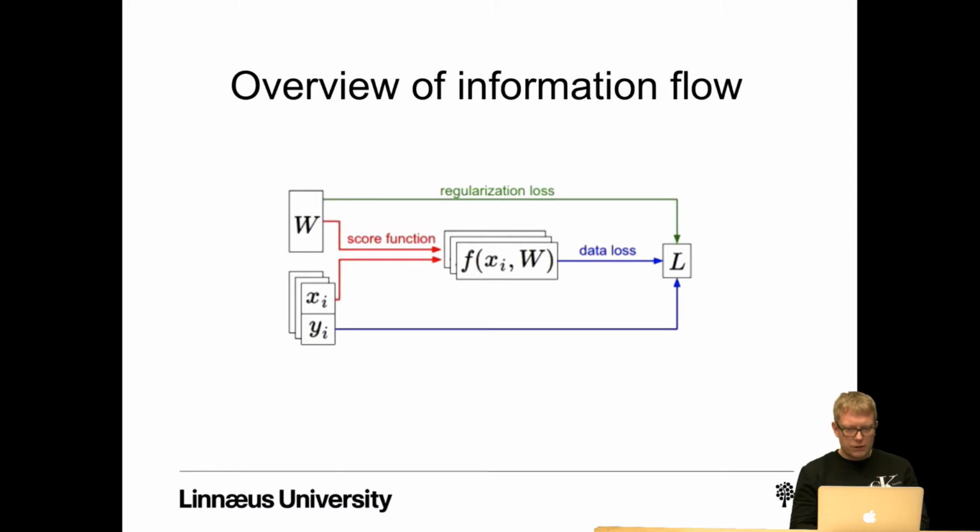So the information flow looks something like this. We have the weights, we have the inputs with the corresponding class labels, we calculate the score function, we calculate the data loss and the regularization loss from the weights, and then we update the weights to a new iteration.